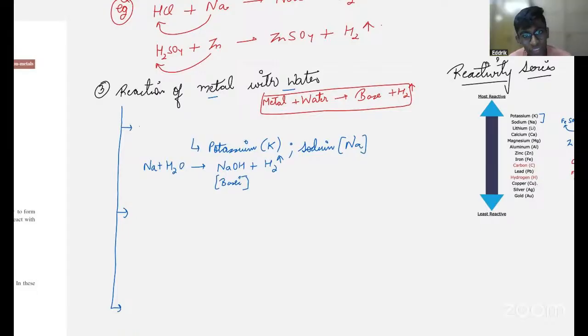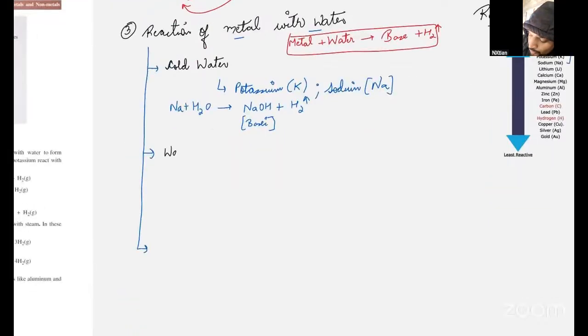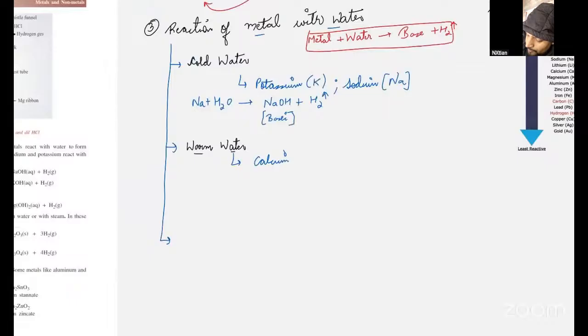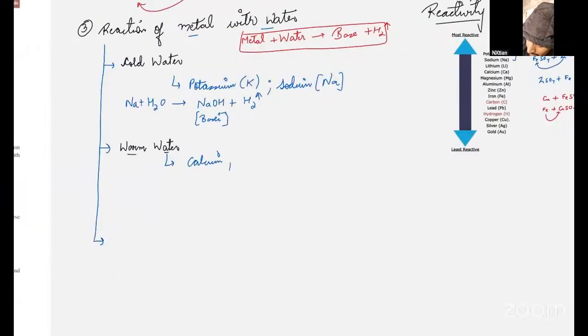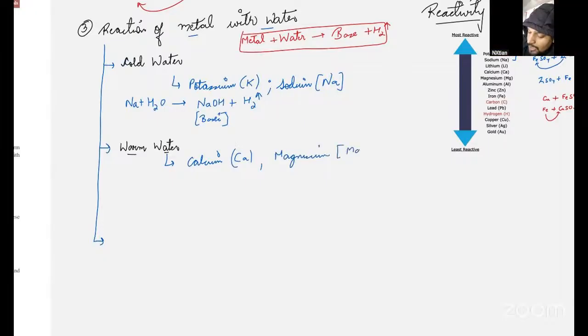Cold water is done, and now we will come to warm water. Warm water means lukewarm water. At lukewarm water, calcium, which is Ca, and magnesium, which is Mg, can react.